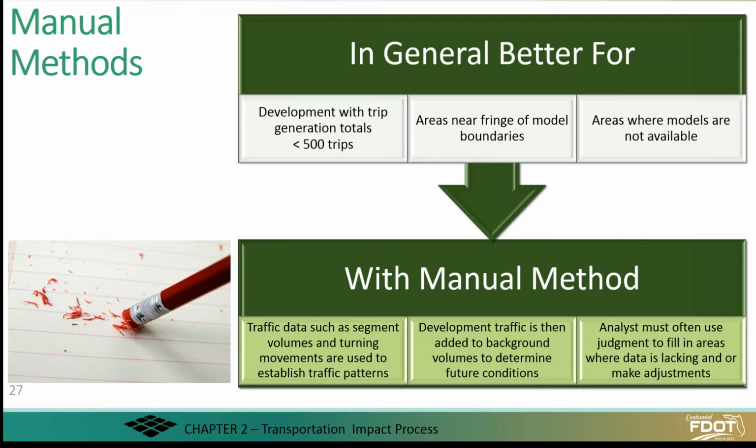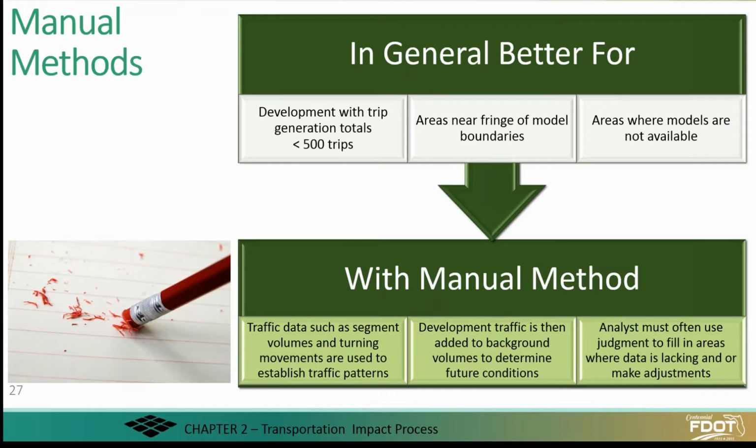All right, so manual methods in general are better for smaller developments when you're not anticipating a very large number of trips, so less than 500 trips. And the rationale for that is that the effort involved in setting up a computer model just for such a small project may not be worth doing the simple calculations by hand.